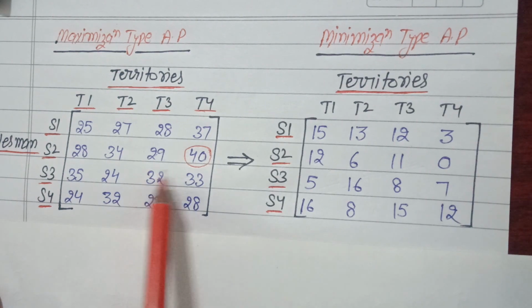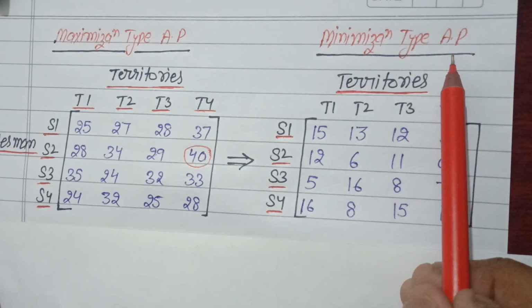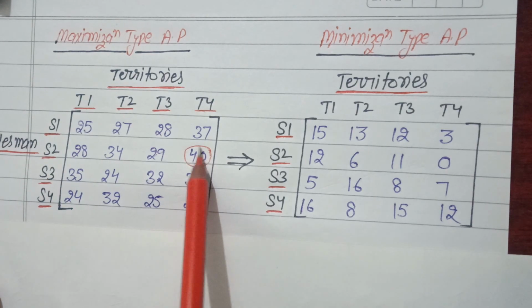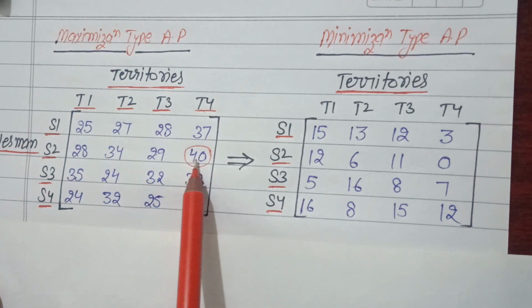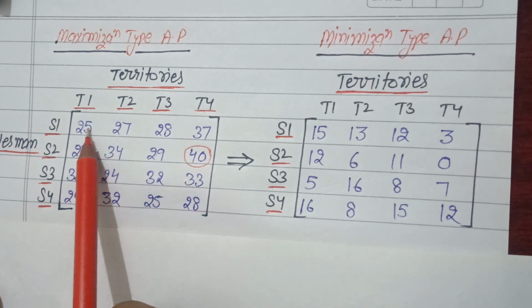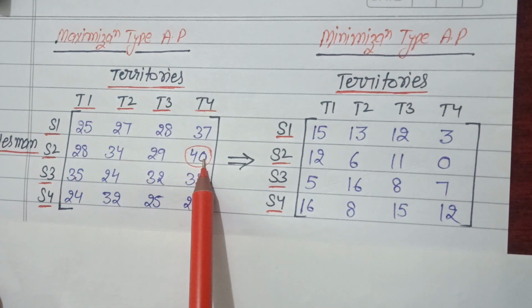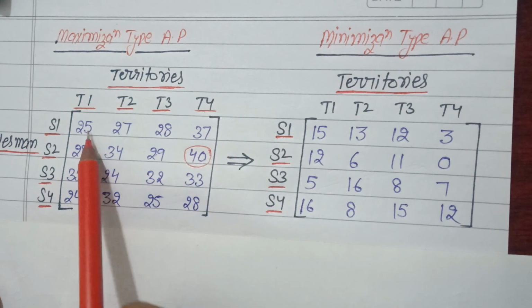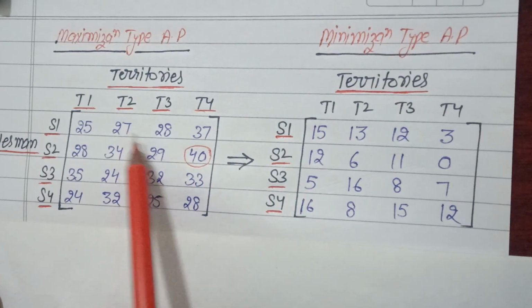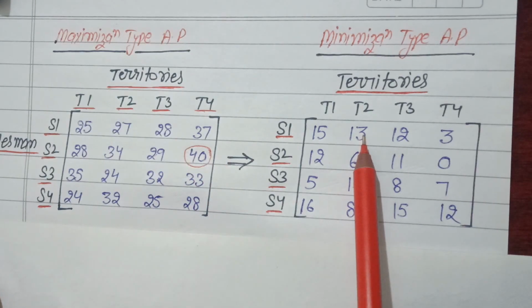So we will convert this now to the minimization type of assignment problem. As 40 is the maximum element in this entire matrix, we have to subtract all the elements from this 40. If you subtract this 25 from this 40, you will have 15. Then subtracting 27 from 40, you will have 13.